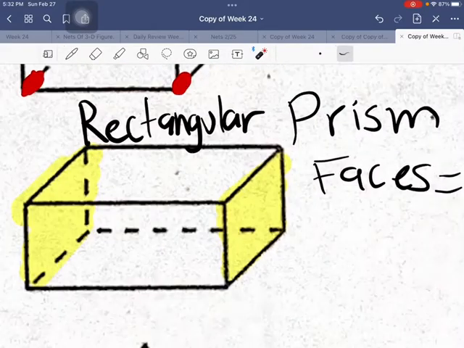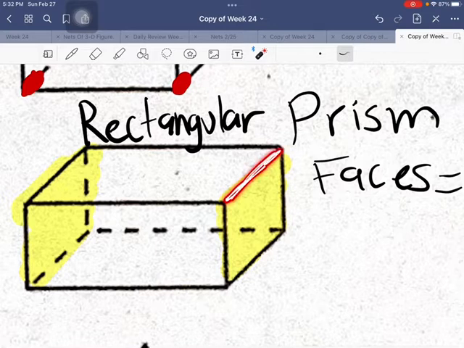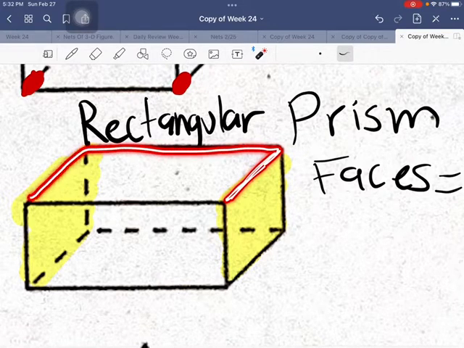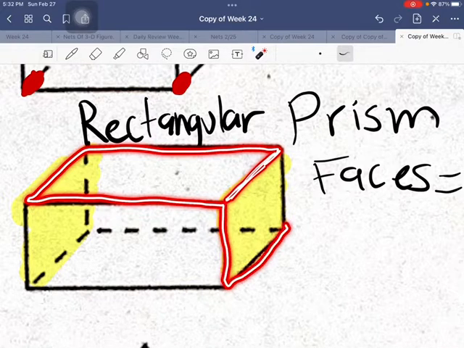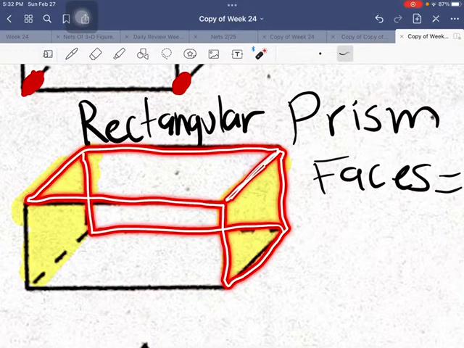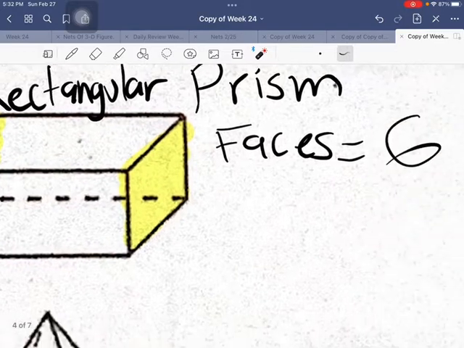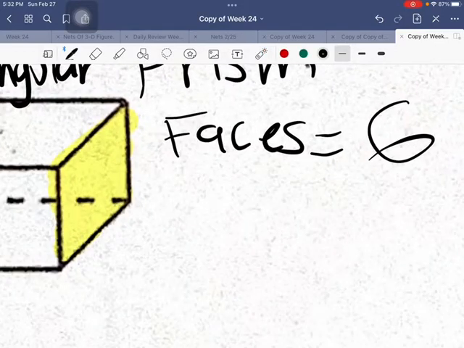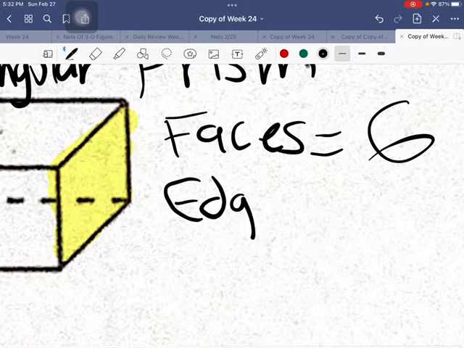Ahora, how many edges? Vamos a ver. 1, 2, 3, 4, 5, 6, 7, 8, 9, 10, 11 y 12. Ahí está.